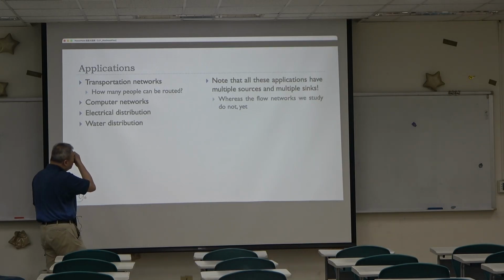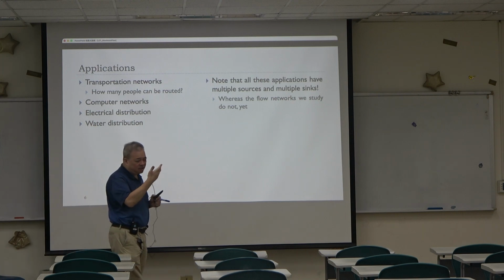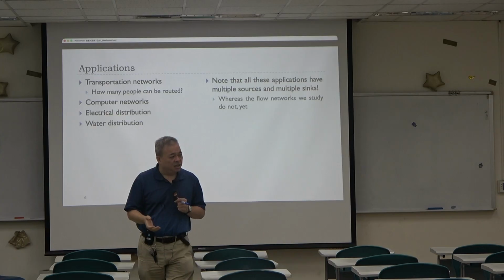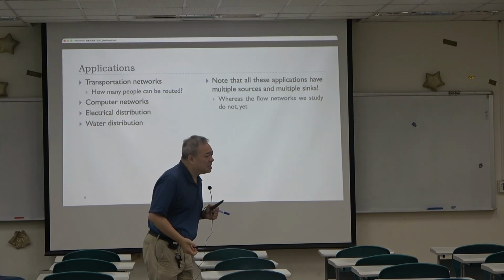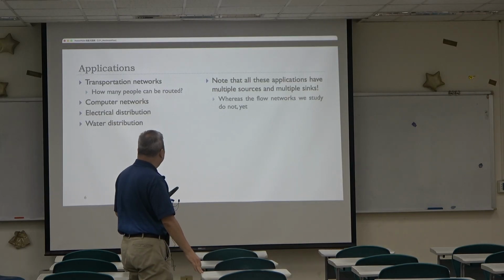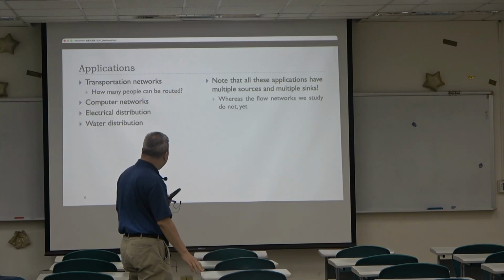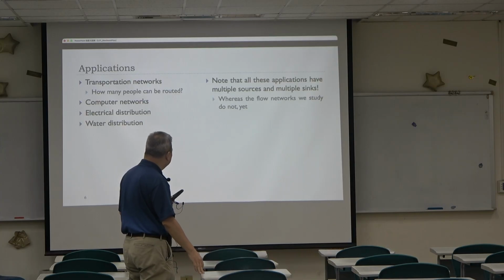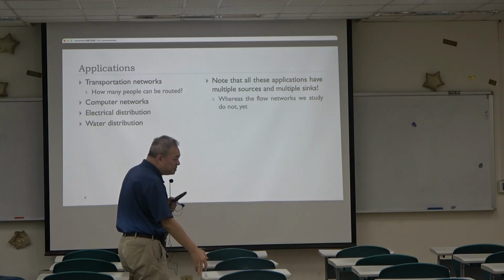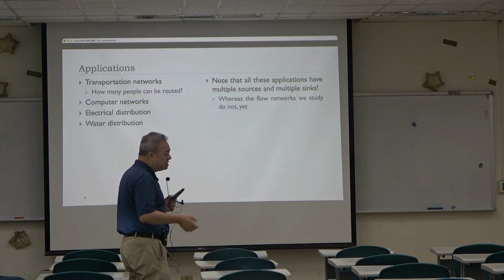In the discussion we just had, the flow network is very limited, in the sense that in many of these applications we have multiple sources and multiple sinks. Take traffic, for example.